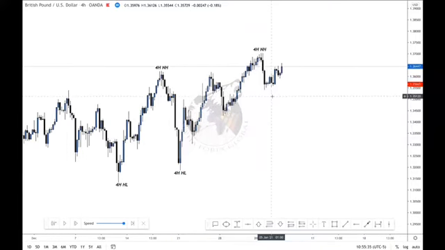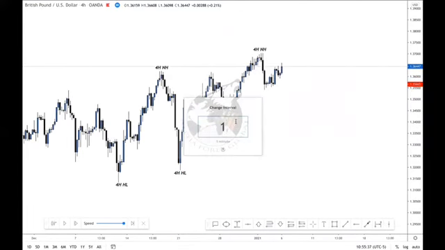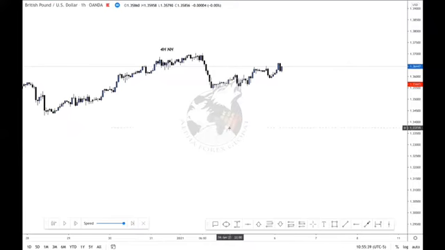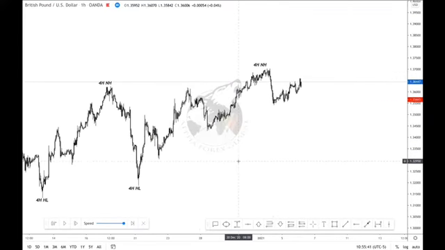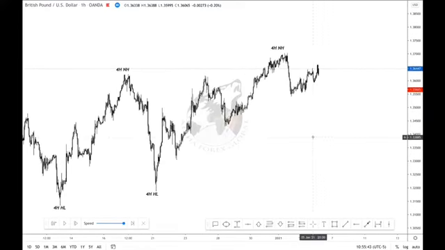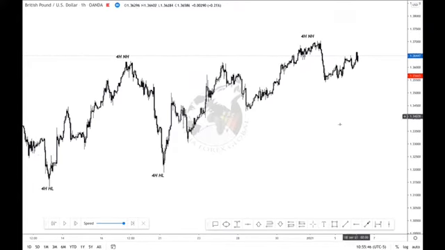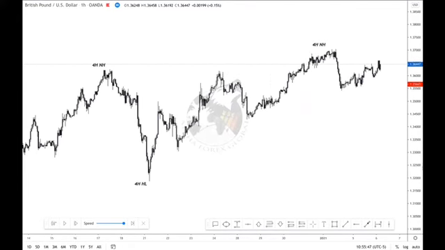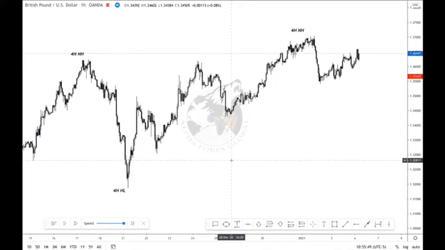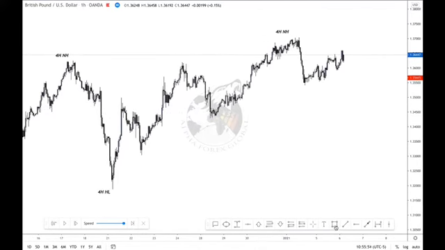Now let's analyze the 1-hour time frame, because we go into the intraday time frames. My intraday time frames are really like the 1 hour, 15 minute and stuff like that. On the 1-hour time frame, I'm just going to use a green box to identify the 1-hour structures.